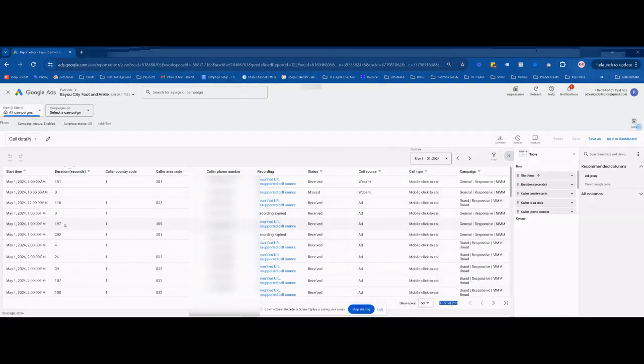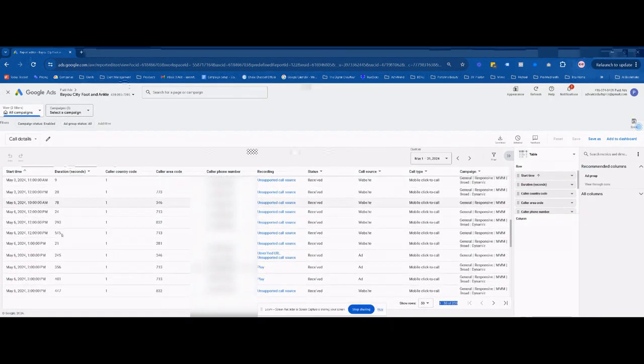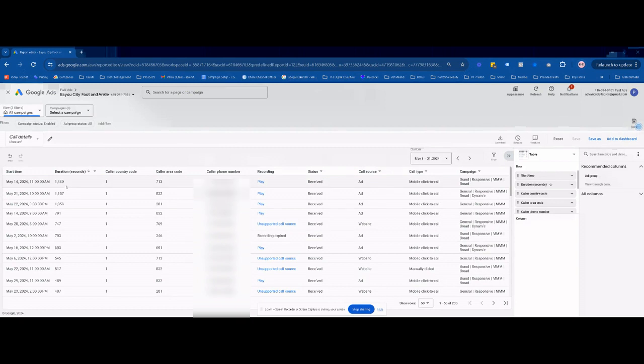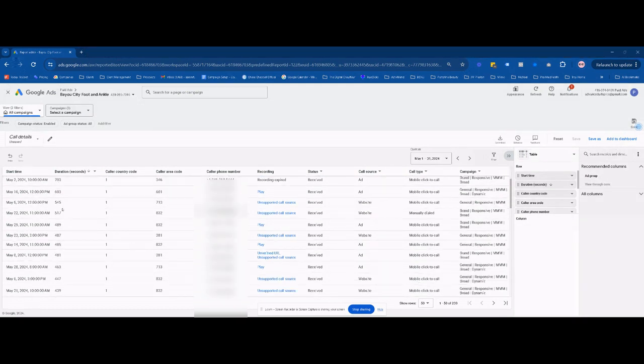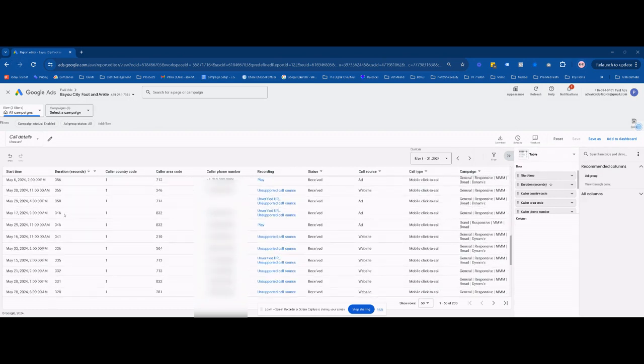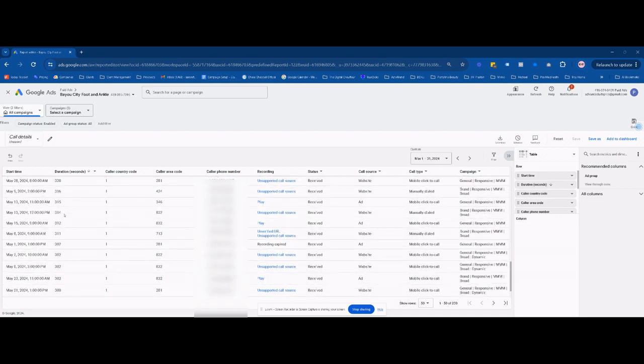There's 230 calls, but it doesn't include the phone calls that are not over 90 seconds. So as you can see over on this left side, this is the duration of the call. So these just aren't people that are calling and hanging up. These are calls, people setting up appointments, people having meaningful conversations with the team.